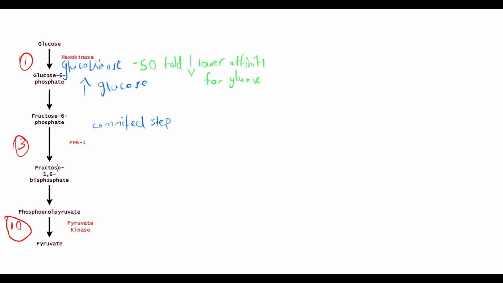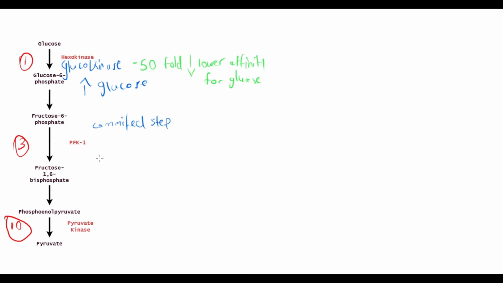It does not go to other pathways unless you switch to gluconeogenesis, and it could go backwards with the bypass enzyme we've mentioned before.